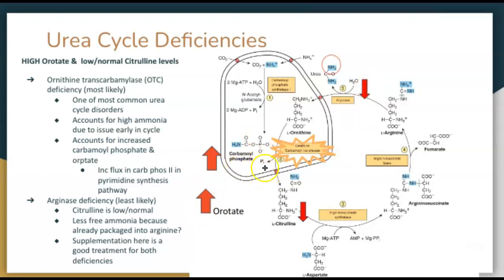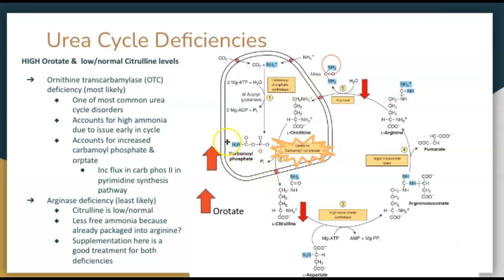The carbamoyl phosphate is going to be elevated here, and that is because I'm assuming the most likely enzyme deficiency is ornithine transcarbamylase, or the OTC deficiency. That is highlighted in the middle here as well. If that enzyme's not working, we'll get a backup of the carbamoyl phosphate.